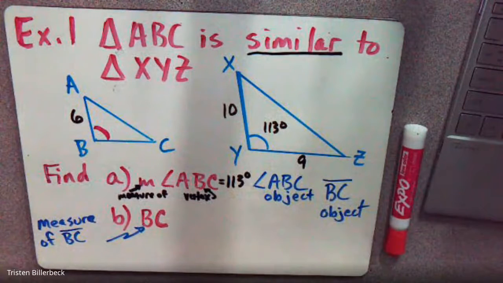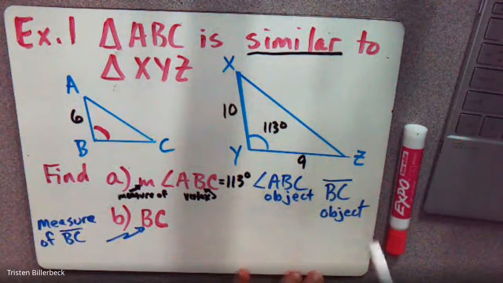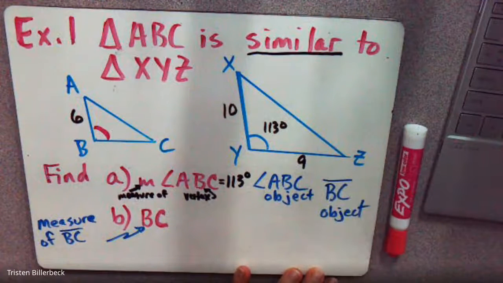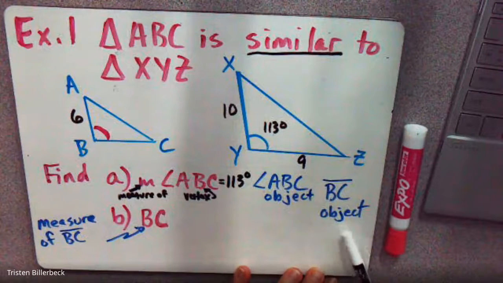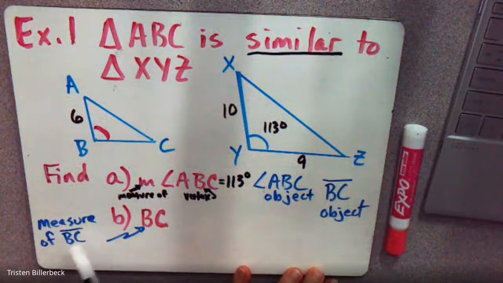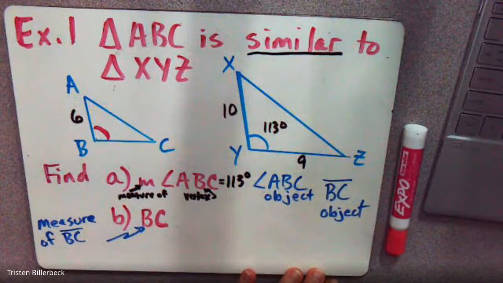All right, so when we talk about line segment BC, we put a line over that, and that also is an object like a desk. But as soon as we don't have a line over it, it's a measure of BC. Like my desk is, the desks in my class are 2 feet by 4 feet.